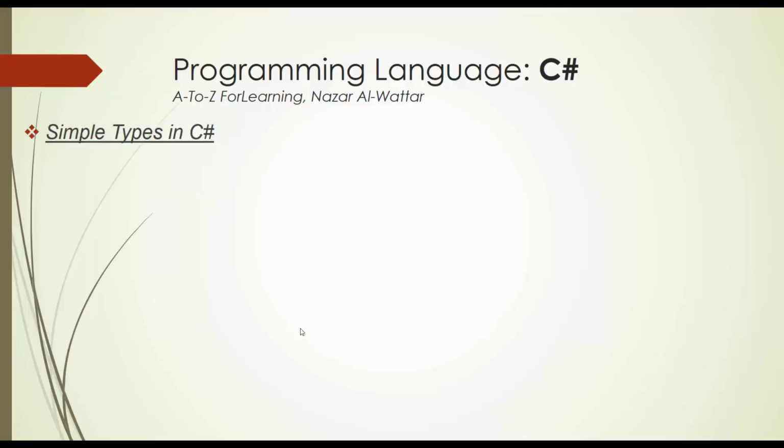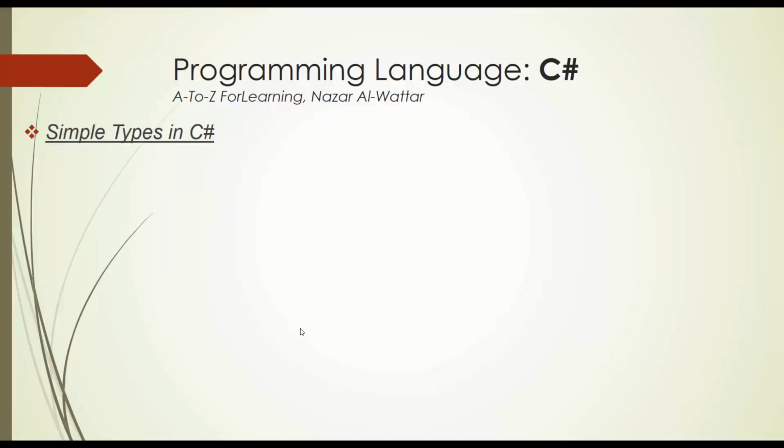Today we will discuss the simple types in C#. Simple types in C# include the numbers and the booleans and some specific simple types. These types are the fundamental types used to build the programming blocks in C#.